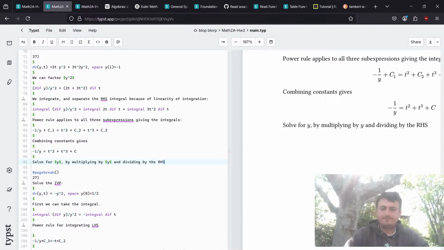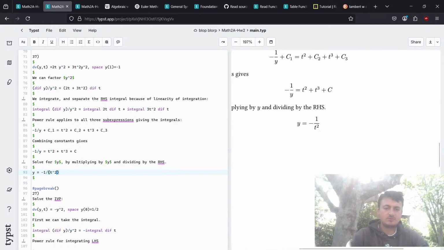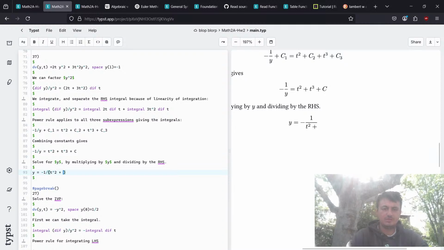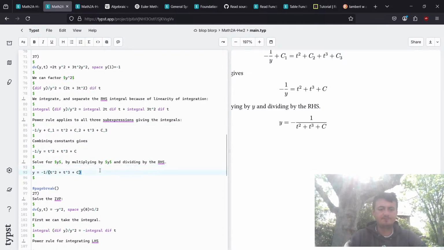So now we're going to get y is equal to minus 1 divided by t squared plus t cubed plus c.